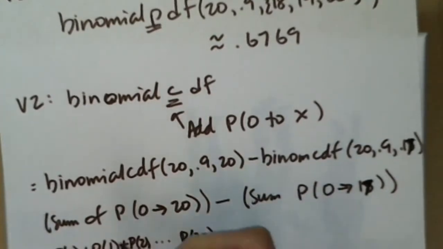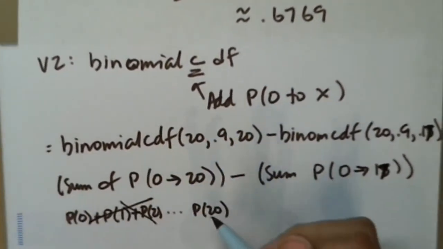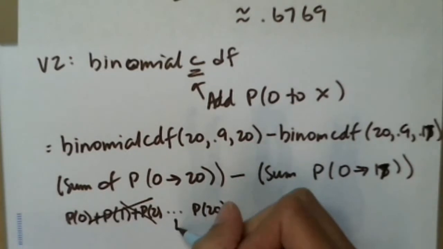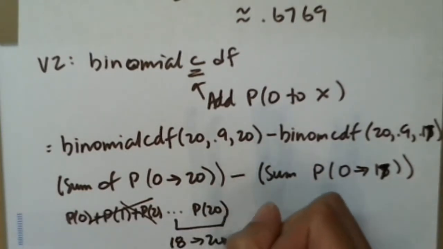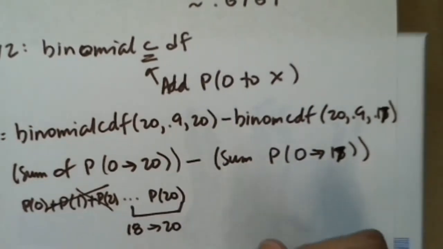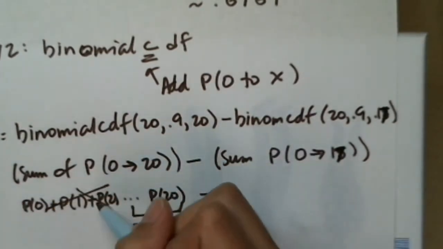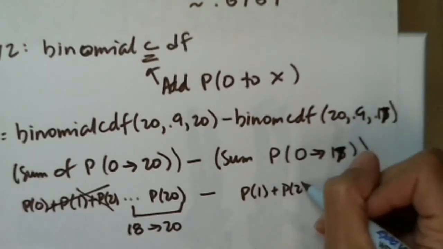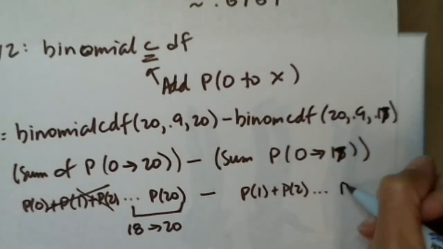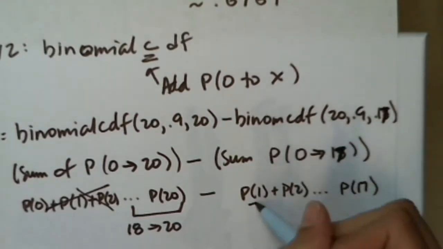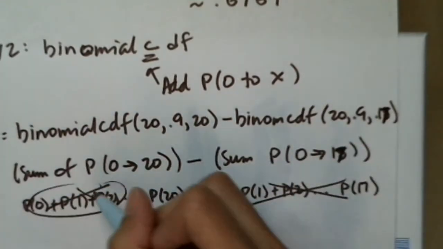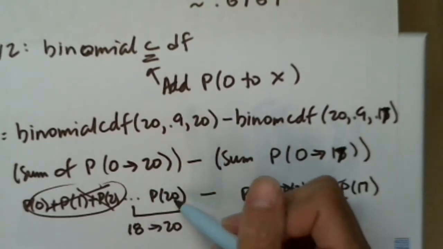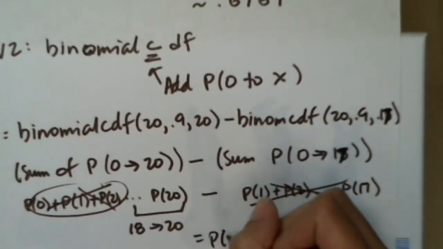I don't want all of those. I don't want any of these. I just want the ones at the end, 18 through 20. Those are the ones I want to keep. So if I subtract all of the ones at the beginning, the probability of 0, 1, 2, all the way up to 17, that's why I changed that to 17, I really am subtracting out all of these, and I'm just left with the 18 through 20 at the end.